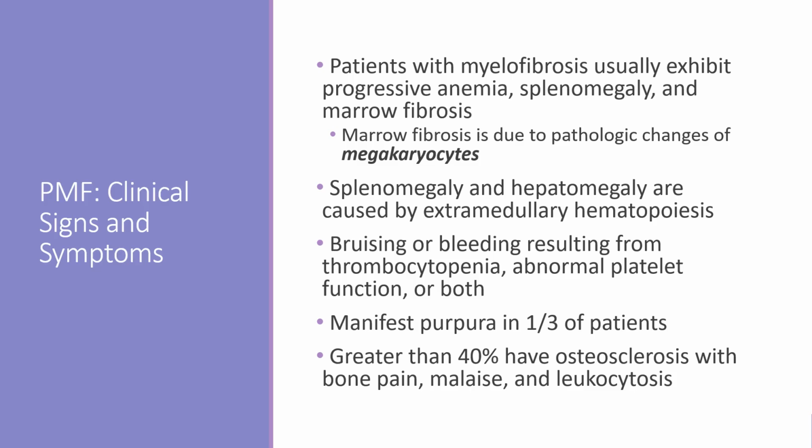So if we have a fibrotic bone marrow, and therefore decreased hematopoiesis, our spleen and our liver are going to try to compensate by performing extramedullary hematopoiesis.